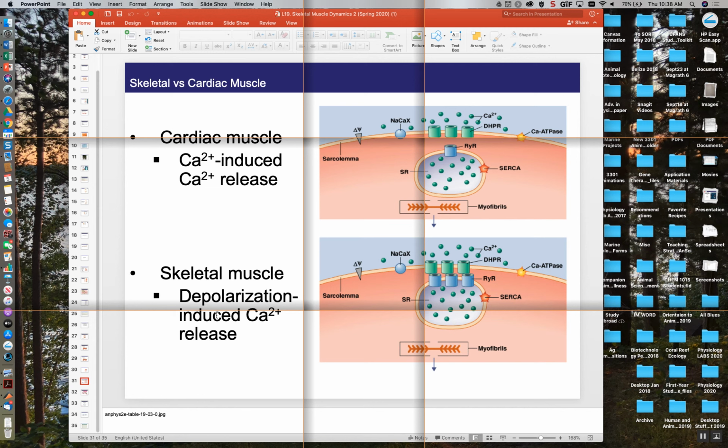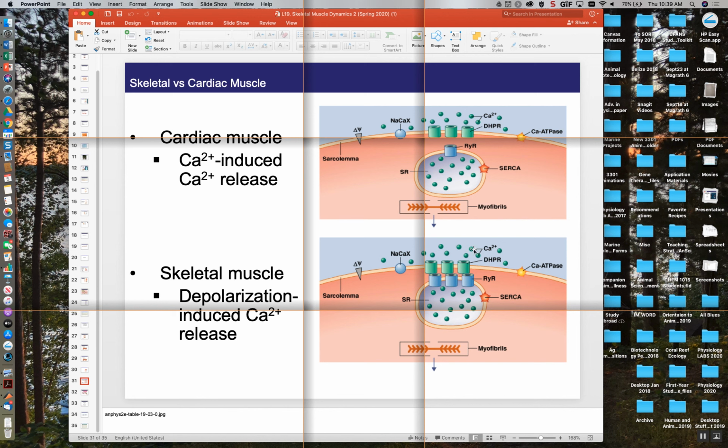All right, with skeletal muscle, it's a little bit different though. We've already talked about this as well. With skeletal muscle, the dihydropyridine receptors and the ryanodine receptors are actually physically interacting with each other. So when the action potentials propagate along the sarcolemma, the dihydropyridine receptors do detect that change in membrane voltage, and there is a conformational change, but it doesn't conduct calcium.